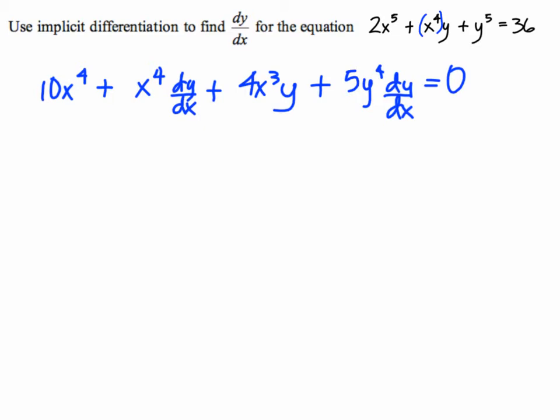Here's another example, using implicit differentiation to find dy over dx for this equation. So again, the first thing I need to do is take the derivative of all the terms.